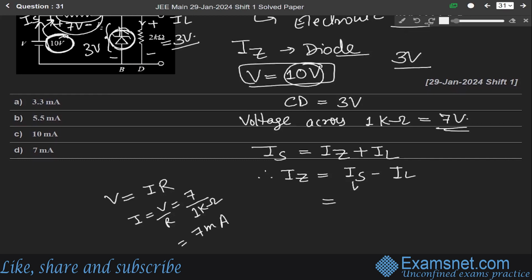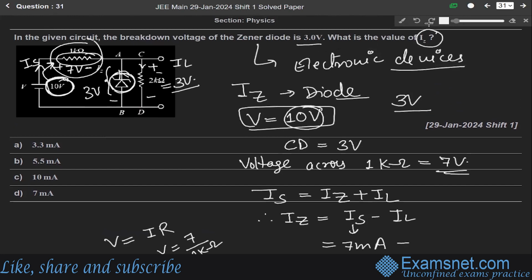So IS is 7 milliampere. Now IL, the current through load resistance 2 kilo ohm: again V equals IR, so I equals V over R. V is 3 volt over R is 2 kilo ohm, so current IL is equal to 1.5 milliampere.